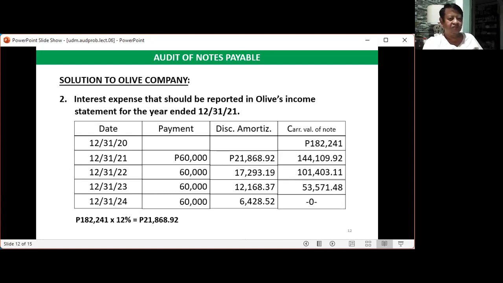So let's go back to the question. What is the interest expense at the end of 2021? So this is the interest expense, 21,868.92. Question number 3 is asking for the carrying value of the promissory note on December 31, 2022, and that is 101,403.11.